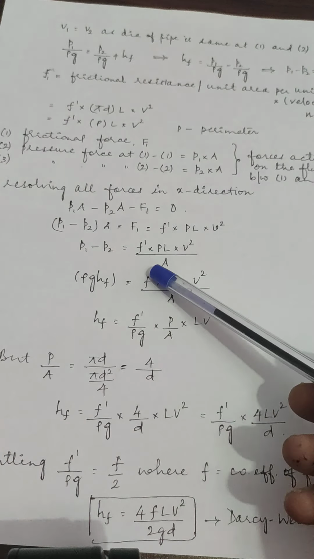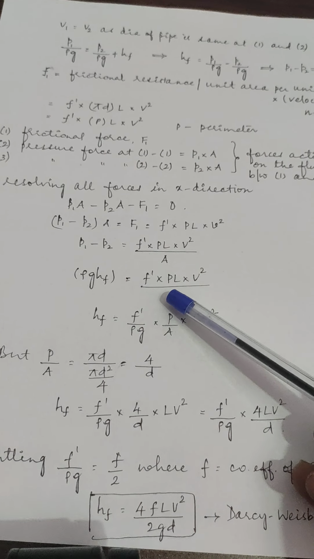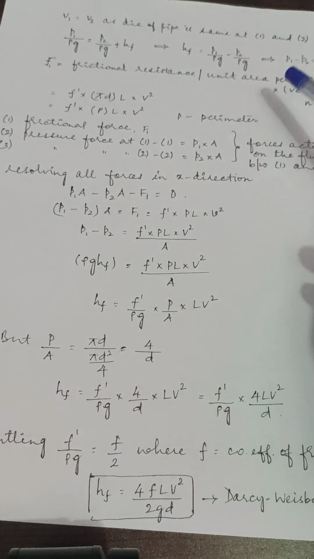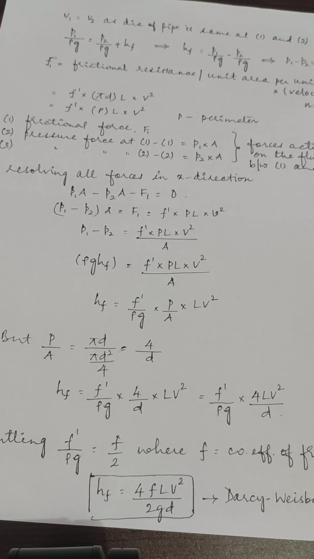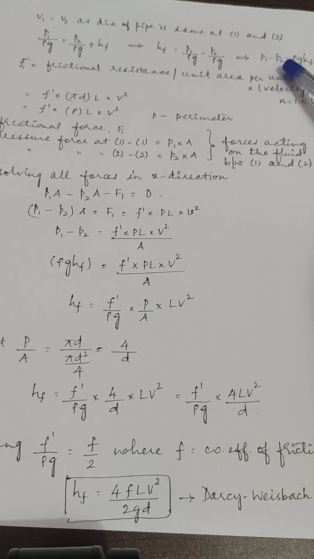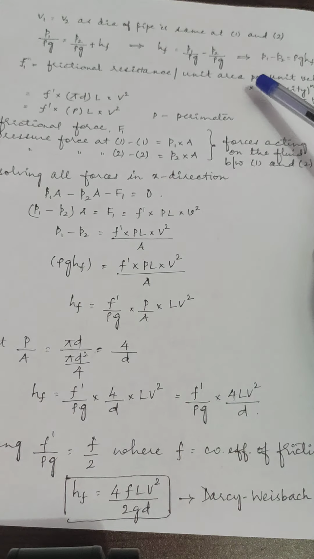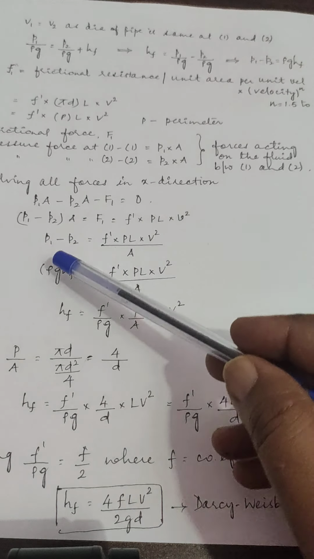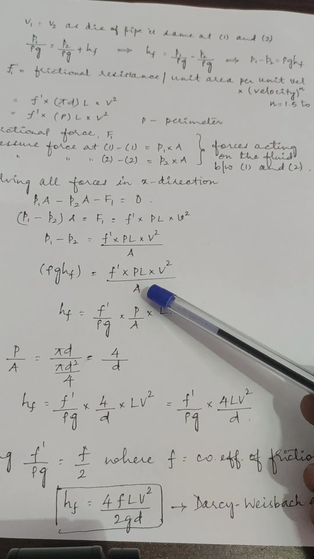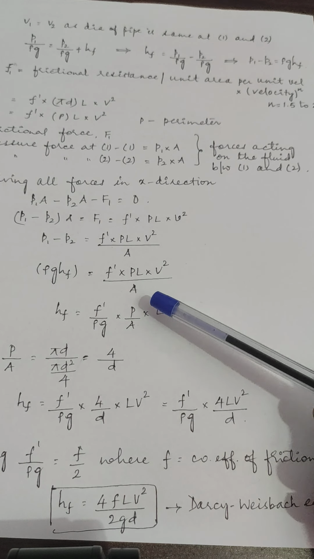Now P1 minus P2 is equal to F dash into PL into V square by A. Now P1 minus P2 we have already shown as rho into g into HF. So I am writing this rho g HF here, which is equal to F dash into PL into V square divided by A.